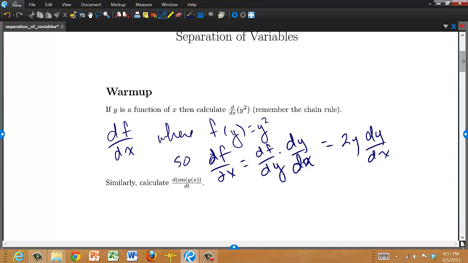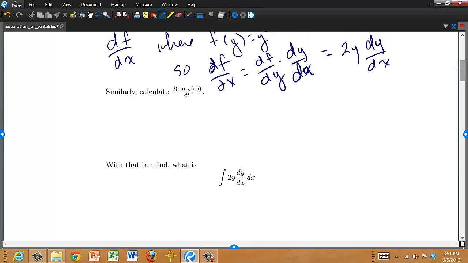Okay, and let's try again. If I want to take the derivative of sine of y of x with respect to x, what's the answer there? Well, you have to take the derivative of the sine, and you get cosine of y times dy dx.